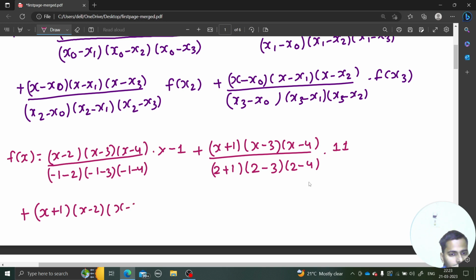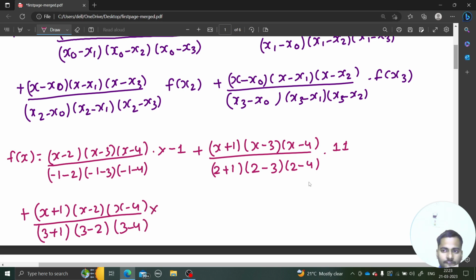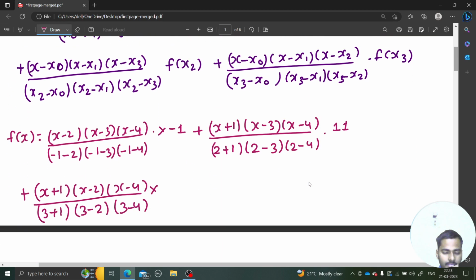x3 is 4, x2 is 3, so 3 minus x1 is 2, and f of x2 is 31.